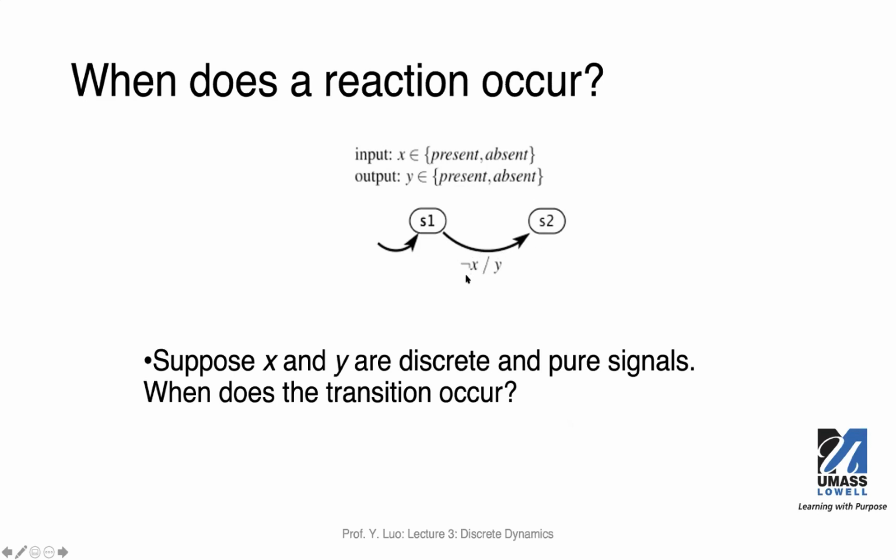But here's the issue. The system, the reaction only occurs when any of the input signal is present. Let me say that again. So the reaction occurs when any of the input signal is present. That is to say, if X is absent, we basically will not evaluate this.